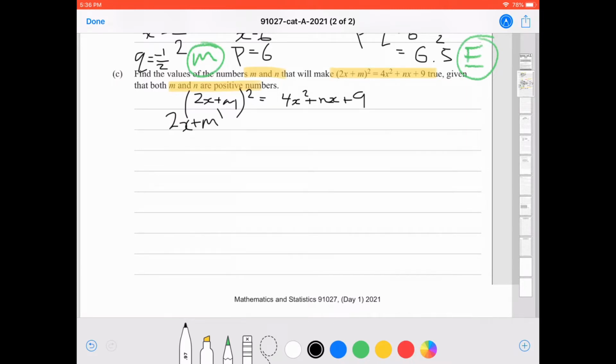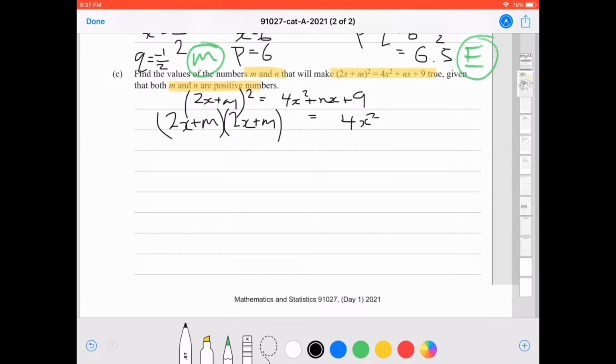You could go ahead and expand if you feel comfortable with binomials, but let's write out our two sets of brackets just to help us out with our expanding. So 2x plus m all squared just means 2x plus m multiplied by itself. Our right hand side just stays the same for now.